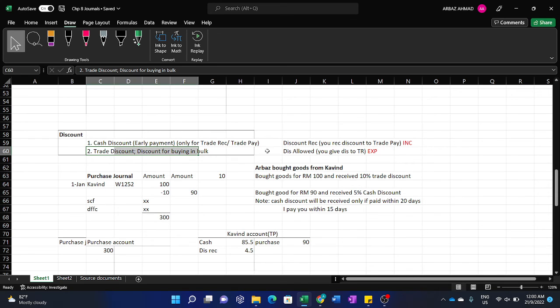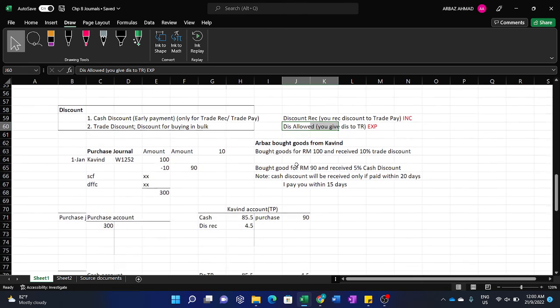So you can receive the trade discount, or you can give the trade discount. Similarly with cash discount also, you can receive the cash discount or you can give the cash discount. So that's the concept. So if you bought the goods for 100 and you receive 10% trade discount, you just minus the 10% and you will get the balance.